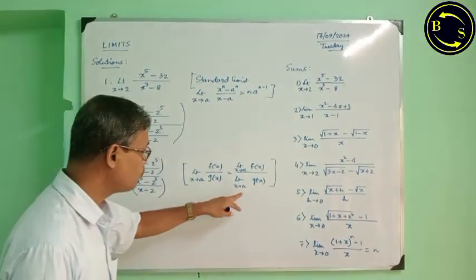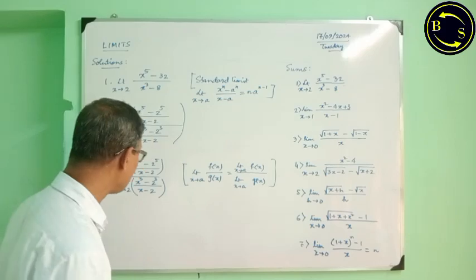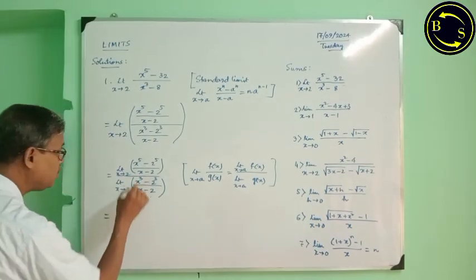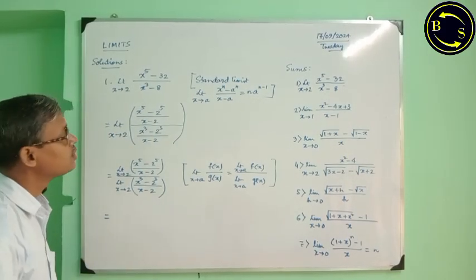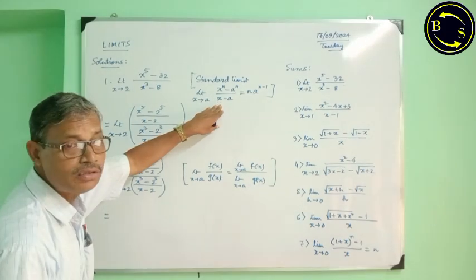Here limit x tends to a g(x) is non-zero. Now at the numerator and denominator we are getting standard form, standard limit, this one. We put that.